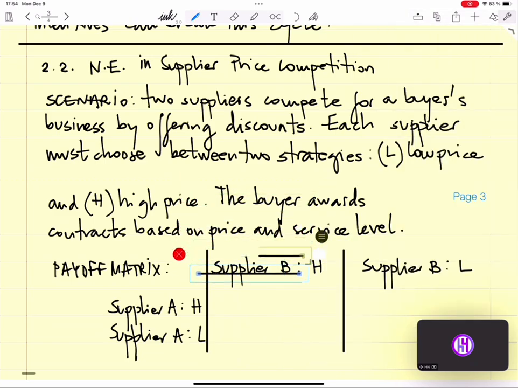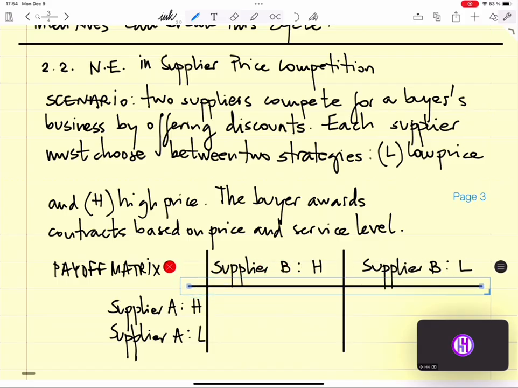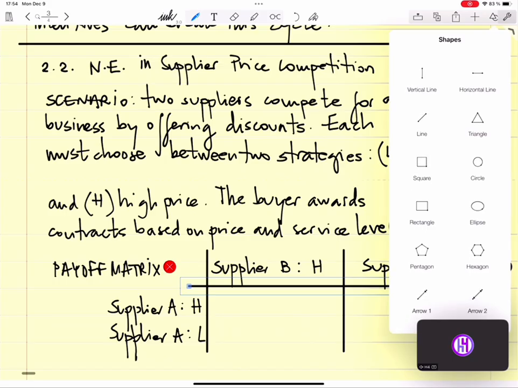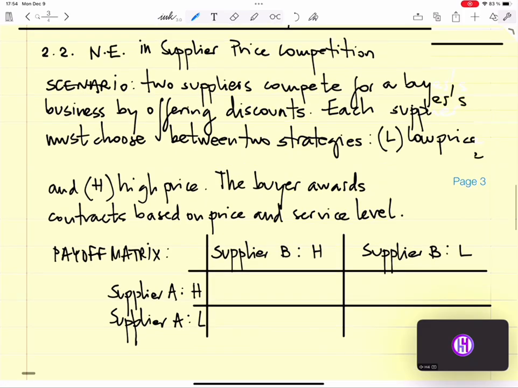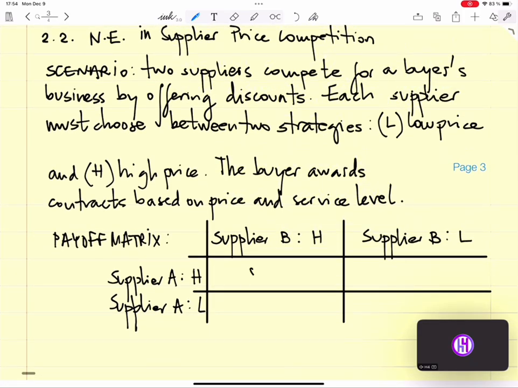Okay, depending on the values of the matrix, the problem is different, so you might want to think about it more deeply. So here we have 8, 8. So if both have high price, they earn 8 each.